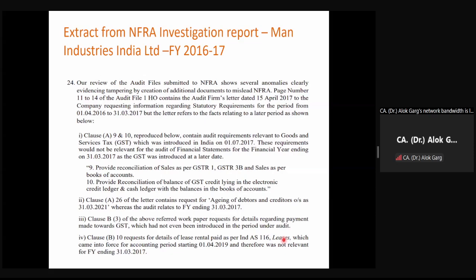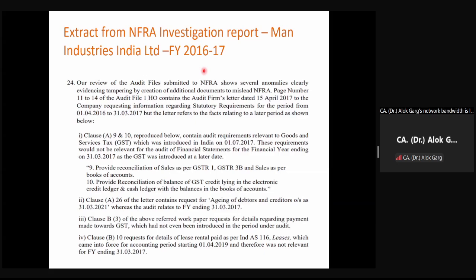And Ind AS 116 was applicable from financial year 19-20. And this financial statement is FY 16-17. Right. And the auditor has asked information relating to FY 19-20. What does it mean? The investigation was started somewhere in 2020-21. At that time, the hot topic for leases was 116.